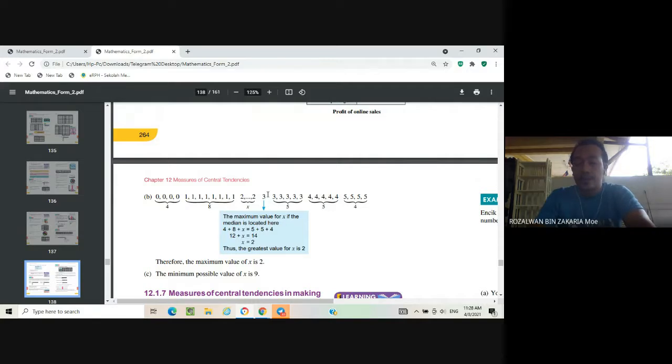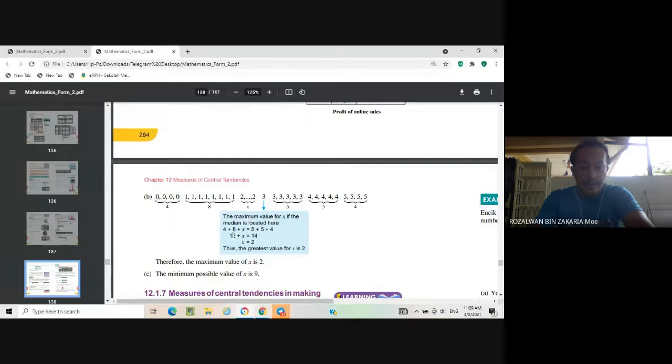So to find the maximum value of x, if the median is located here, if the median is 3 here, we can form a new mathematical equation, which is this one. 4 plus 8. How to get 4? Because the frequency of data 0 is 4. And for 1, the frequency is 8.